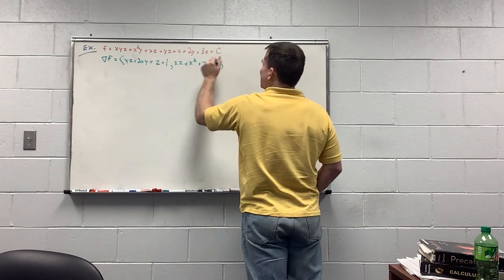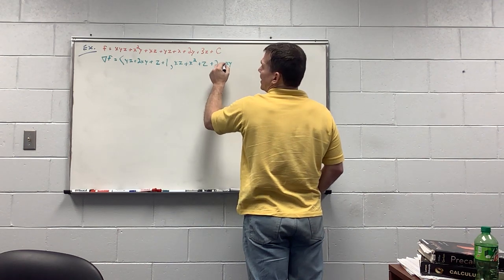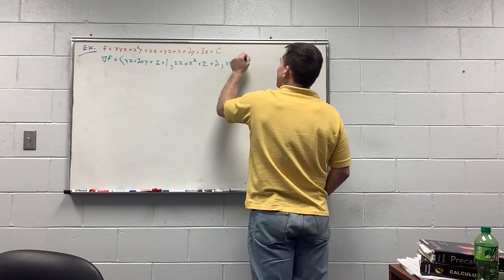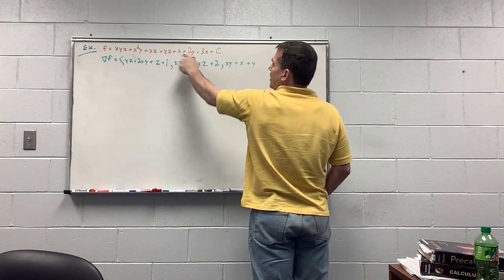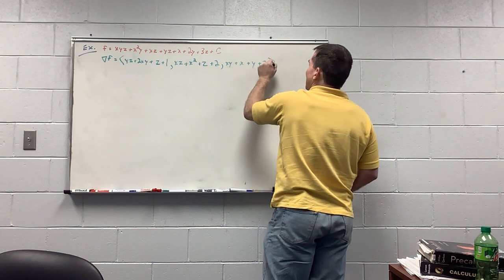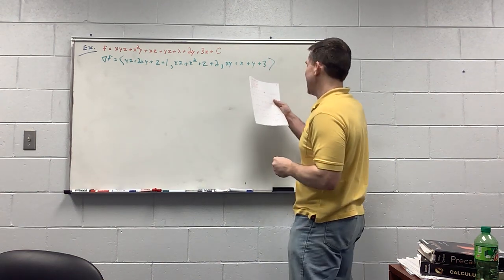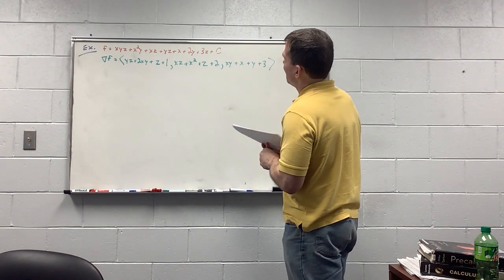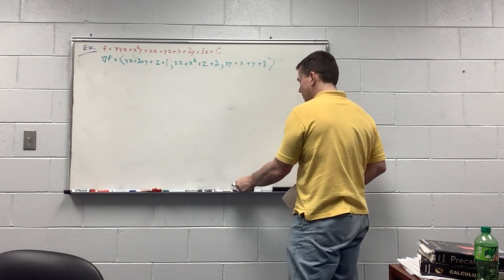Then partial with respect to z, which will give me xy, that'll be 0, that'll be x, that'll be y, that'll be 0, that'll be 0, this will be 3, that will be 0, and that should be my gradient, and it appears to agree with my notes.